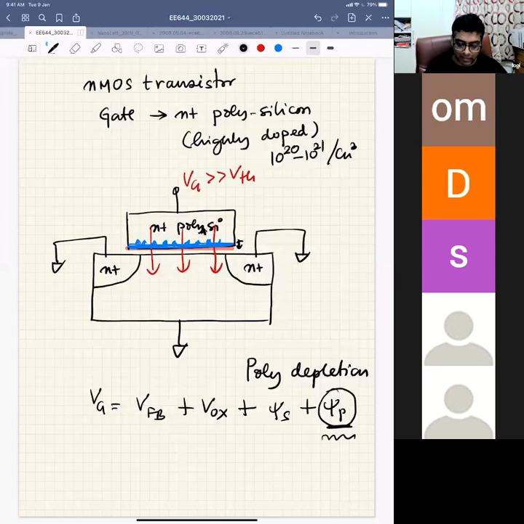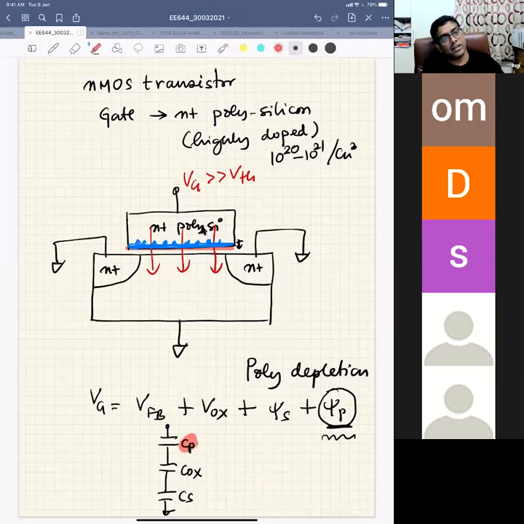Capacitance means, we have CG, then we have COX and CS. But again, we have another polysilicon capacitance coming into the picture, and this CP will only be there at higher gate voltage.